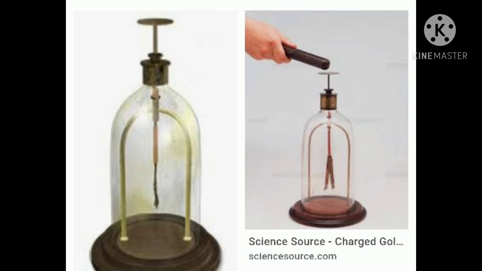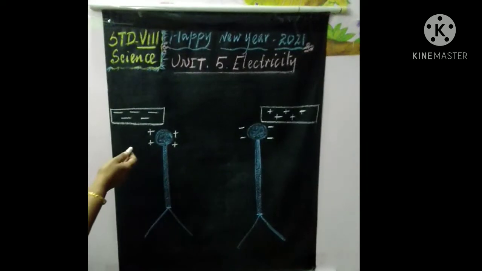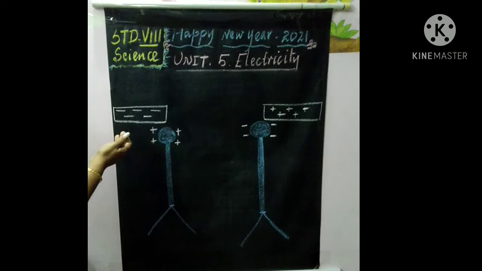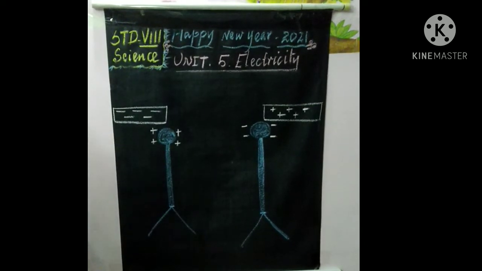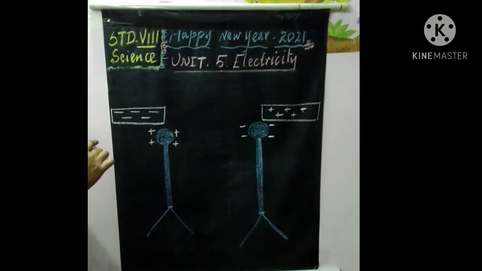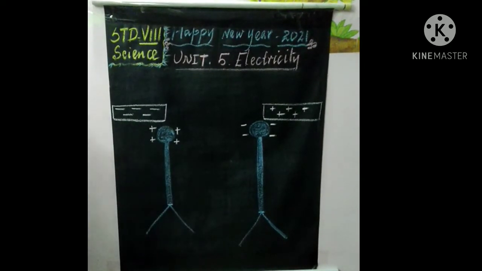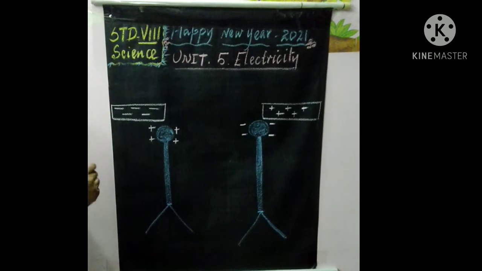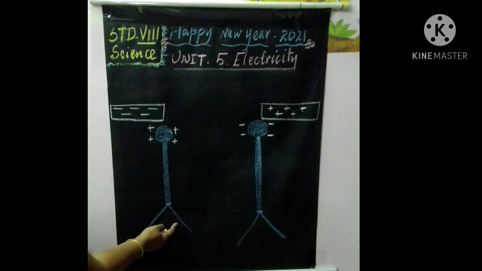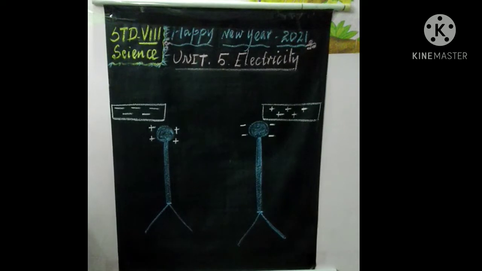They are connected to a metal rod that extends upwards and ends in a knob. If you bring a charged object near the knob, the electrons will either move out of it or into it. This will result in charges accumulating on the metal leaves inside the electroscope.